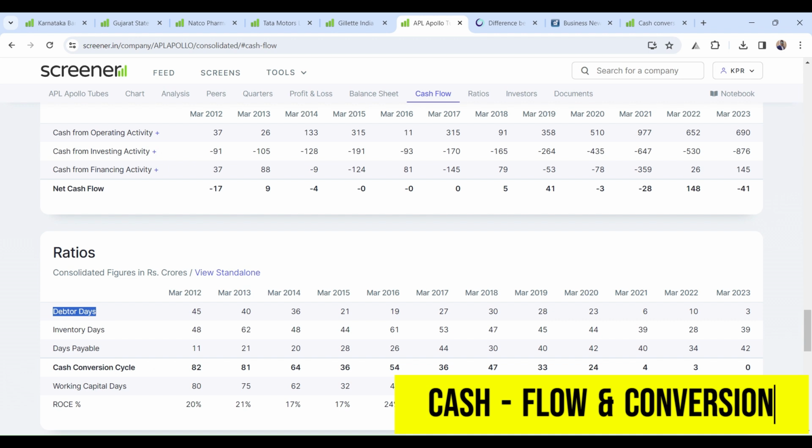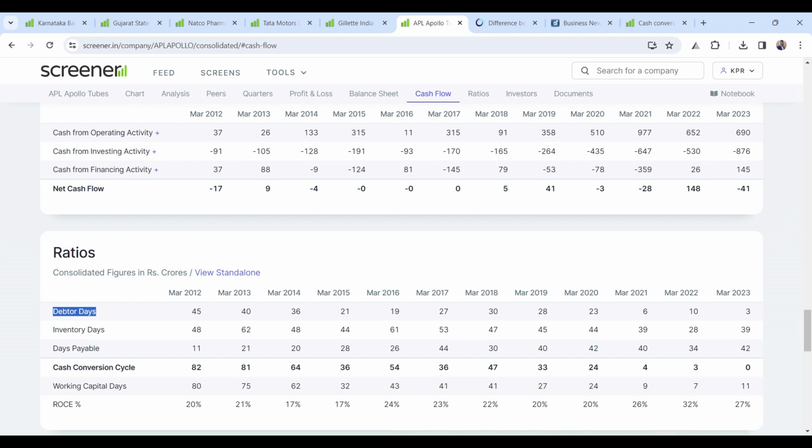Because of that, gradually the company ended in a loss, and the stock price also fell down. I just wanted to quote this example to highlight the importance of these cash ratios while analyzing a stock. So it's better to know them and take them into consideration while analyzing a company.